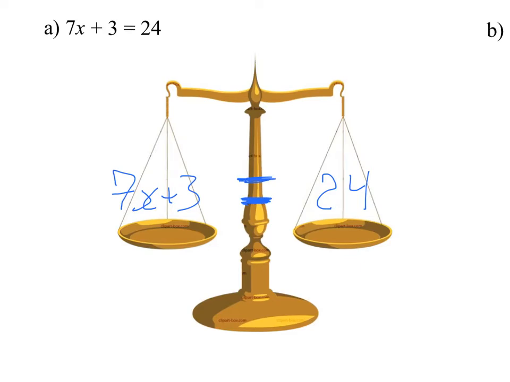We're solving for x. On the left side, there's 7x and another term, a constant 3, and we'd like to get rid of that 3. To get rid of it, we can subtract 3. We can subtract 3 on that side, but we also have to do that on this side to maintain balance.